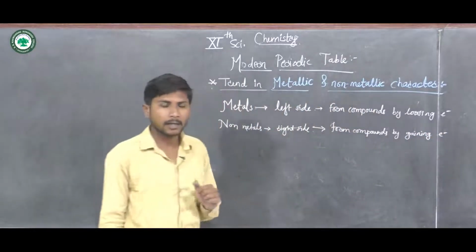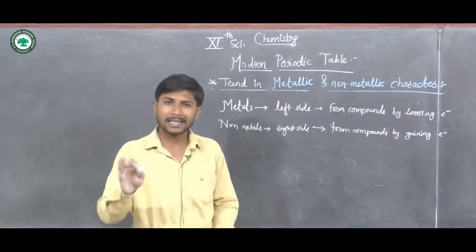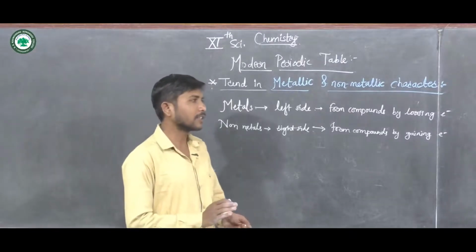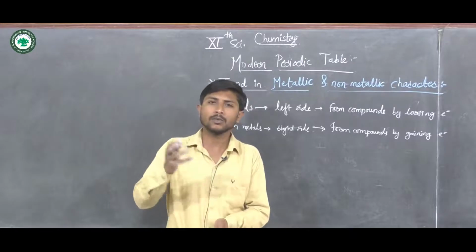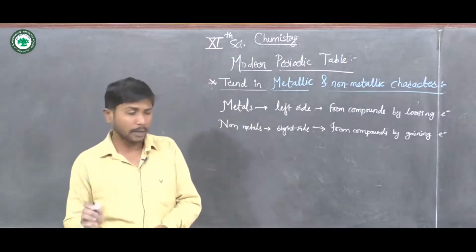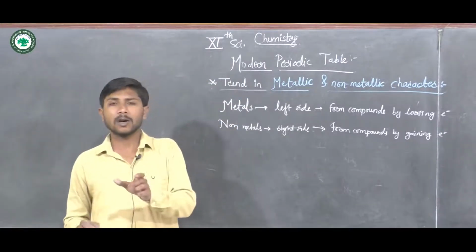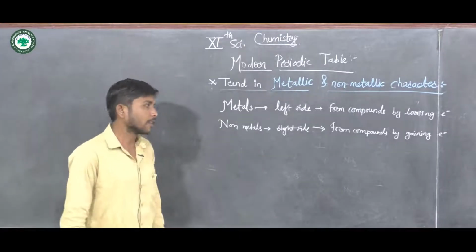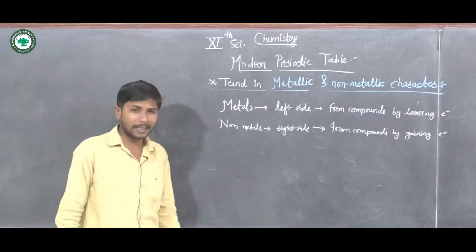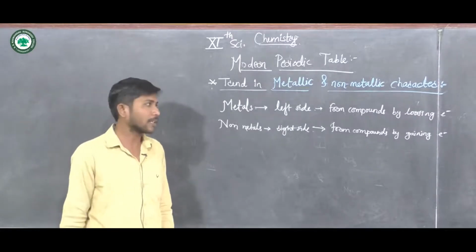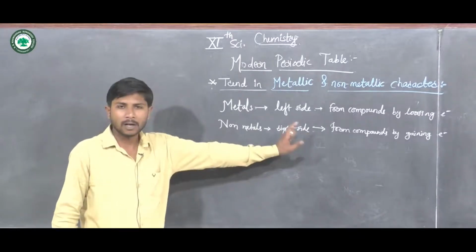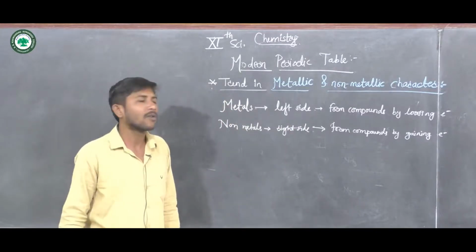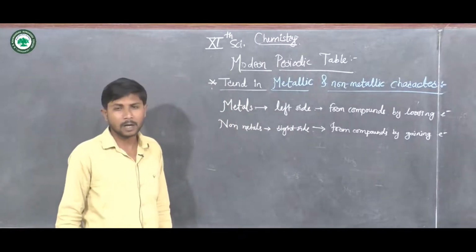By gaining electrons, non-metals already accept the electron. Their valency varies from 3, 2 or 1, meaning in their outermost orbit there are 5, 6 or 7 electrons. This shows the tendency of non-metallic elements to accept the electron for the formation of compounds, and metals generally lose the electron for the formation of compounds.